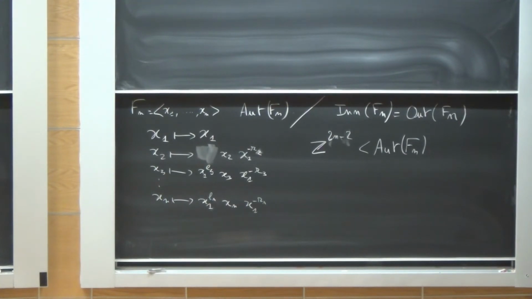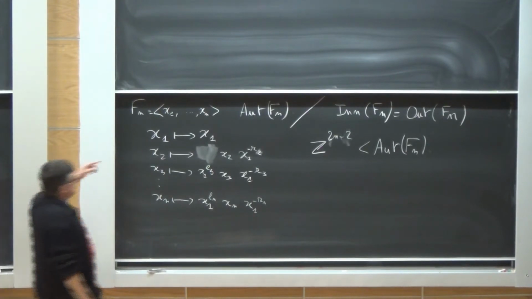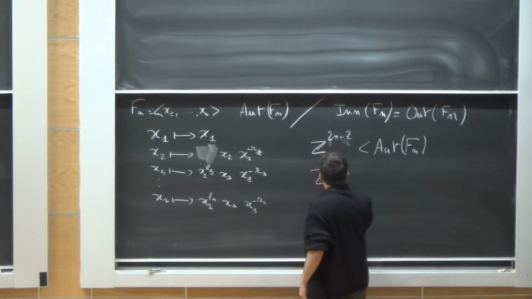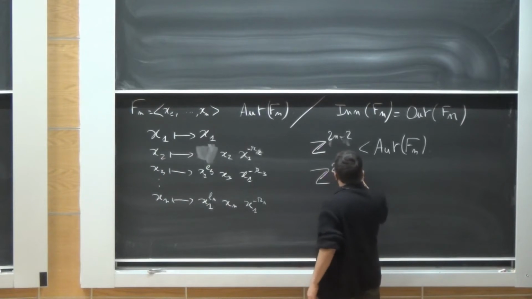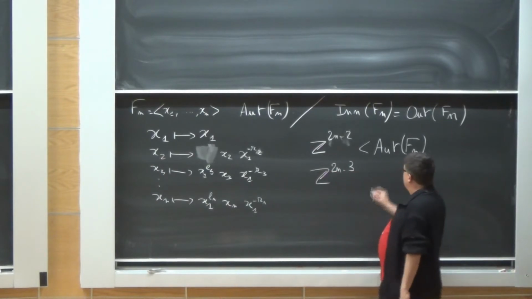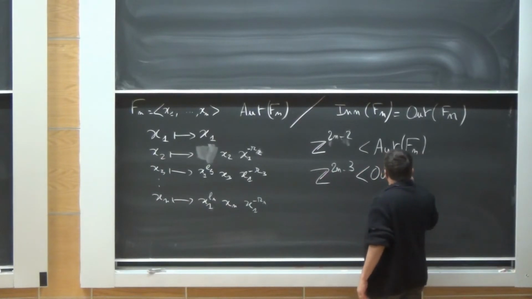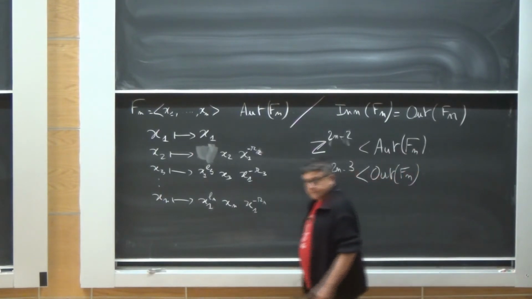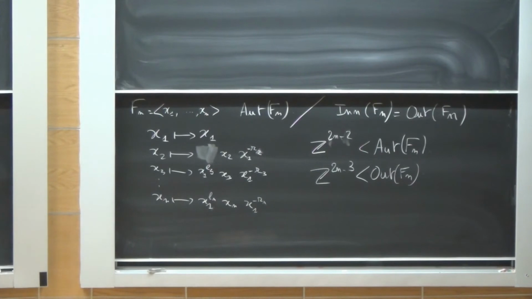Okay? And then you get an outer automorphism. I mean, you get a non-trivial element here. And this way you embed Z to the 2n minus 3 inside Out Fn. Okay? Good.